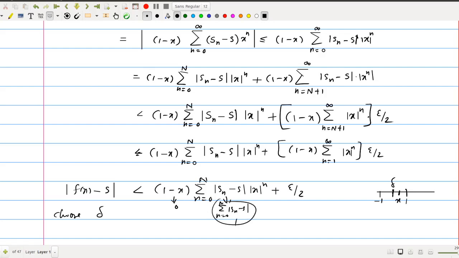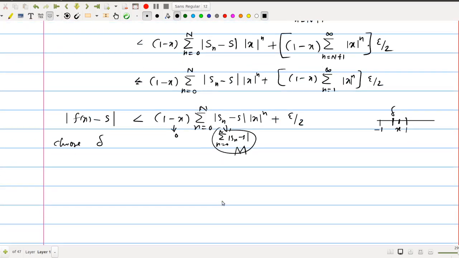I will call it some capital M. Since as x tends to 1, this 1 minus x tends to 0, for every epsilon we can choose this delta such that this whole quantity is less than epsilon by 2, because the whole quantity tends to 0 times M, that is 0.